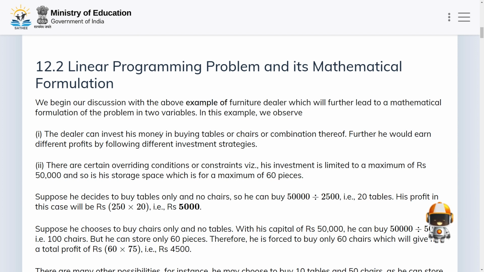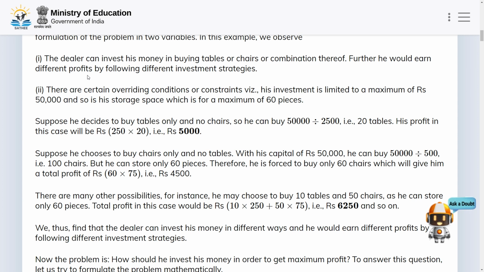So let's jump to the terms and terminologies related to this chapter, and understand the topic in depth. Linear programming problems and their mathematical formulation. Let's see how we formalize things, starting with the example. As we just saw, the dealer can invest his money in buying tables or chairs or a combination thereof.